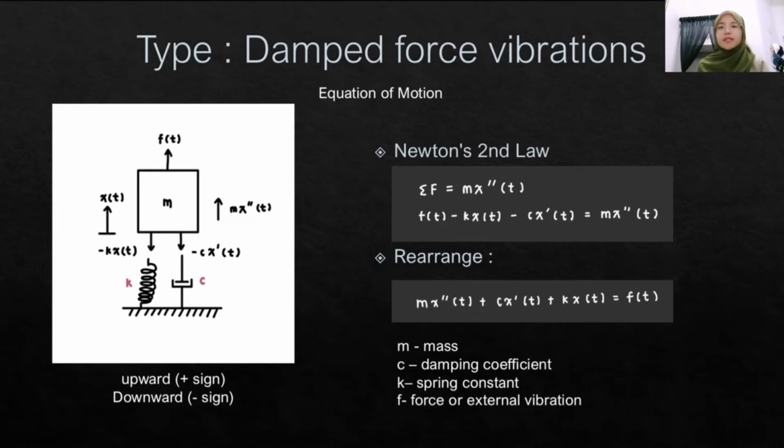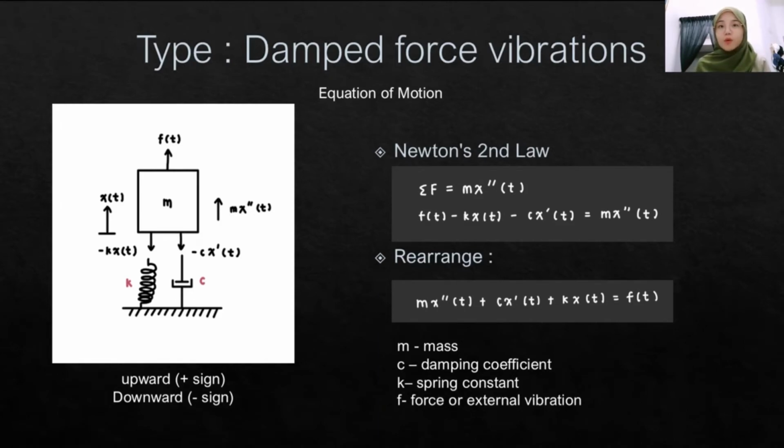Now, by following Newton's second law, sigma F equals m times x second derivative in t variable, we could arrange the algebra from the diagram into the equation, which is F minus kx minus c x first derivative equals m x second derivative in t variable.